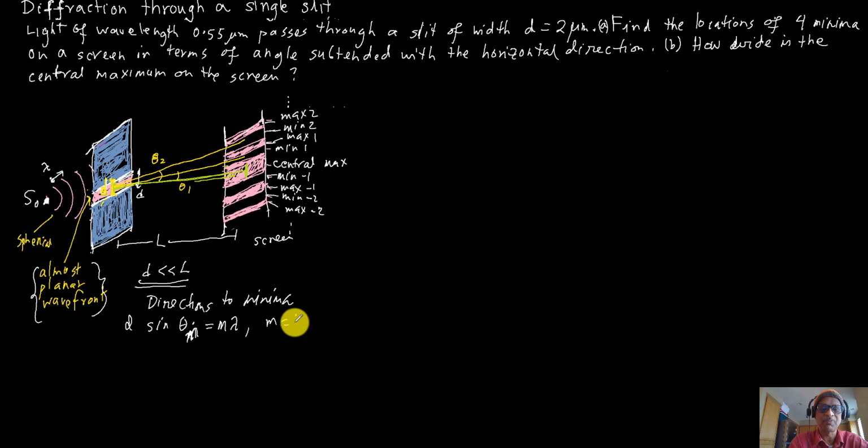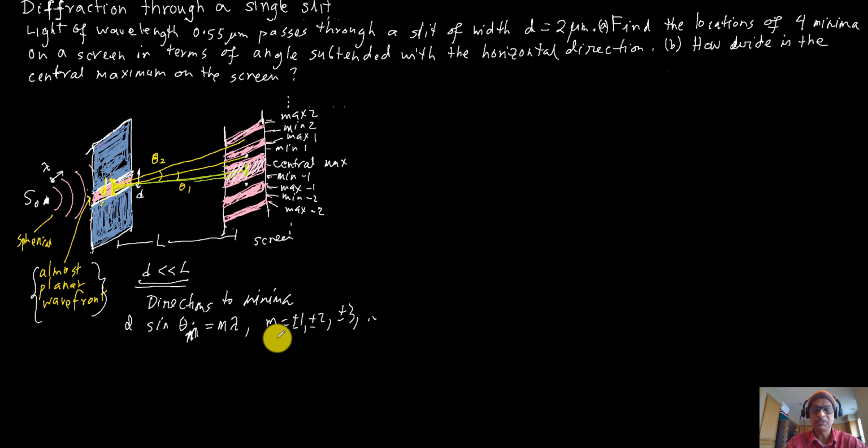So m is plus or minus 1, plus or minus 2, plus or minus 3, etc. Between the two dark directions, there will be a bright fringe. So this will be the bright thing between this dark direction and this dark direction.